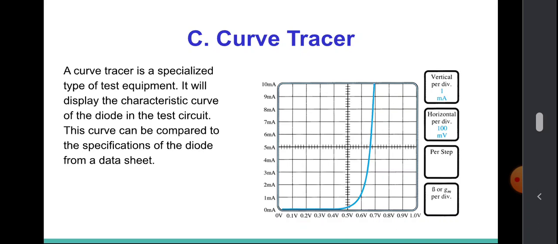So a curve tracer is a very nice tester for a diode because it can generate the voltage and the current of the diode.